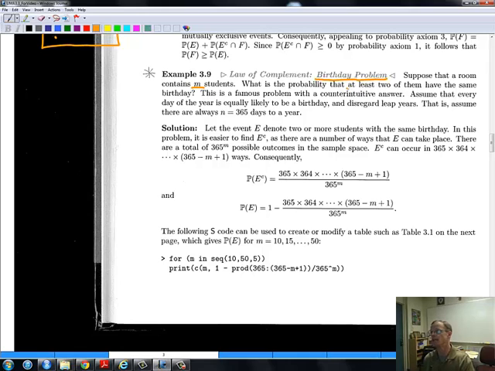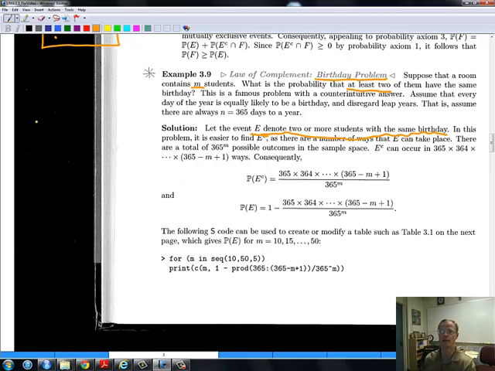Key here is at least 2, so it doesn't matter if 3 have the same birthday or more, likely 2 different birthday pairs. We're just looking at least 2. And that's what makes this a little bit tricky. If you try to set E as just 2 or more students with the same birthday, then you have multiple cases to worry about.